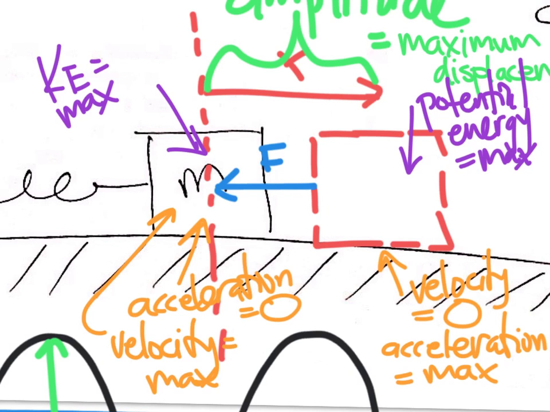All right. And then I just want to tell you one more thing, because this is so fun. On your formula page, it's going to say this, U sub S. So this is potential energy for a spring, and it's equal to 1/2 kx squared. Kind of cool how that looks a lot like kinetic energy is 1/2 mv squared.